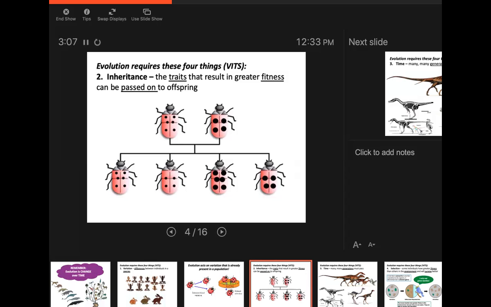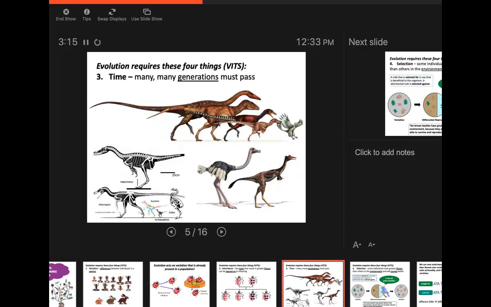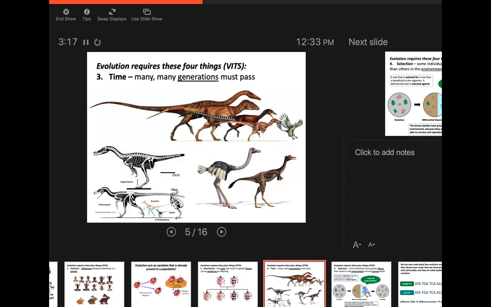So inheritance is the traits that result in the greater fitness can be passed on to offspring. Number 3 is time. So evolution requires time, and what we mean by time is that many, many generations must pass. We don't evolve in a day or a week or a month, okay, or a year. Many, many generations have to pass.